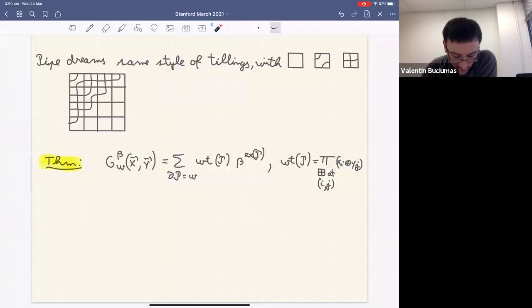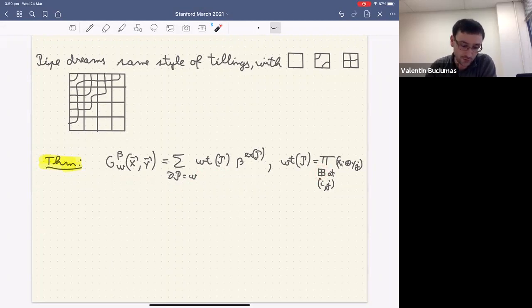And then there's a theorem that says that the Grothendieck polynomial is the sum over these pipe dreams with a certain key, W. And then we have certain weights. And the weights will only be determined by these tiles.